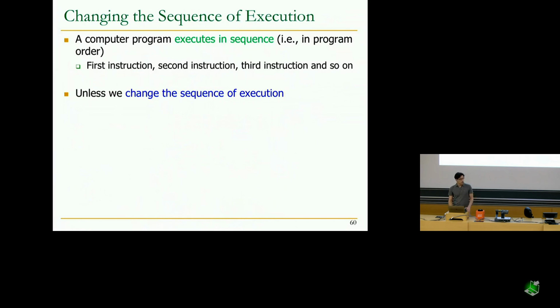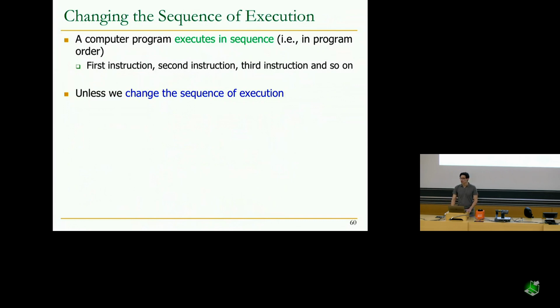I think I mentioned in the beginning that we might need to do this if we want to call functions or subroutines that might be stored in a different part in memory. So we will need to change the program counter to point to the address where the function or the subroutine starts. So we have some specific instructions for that.